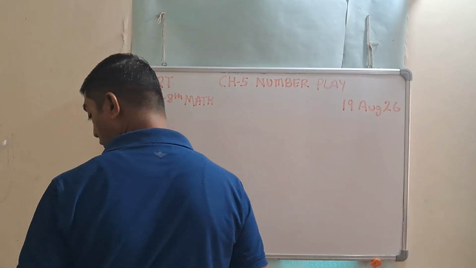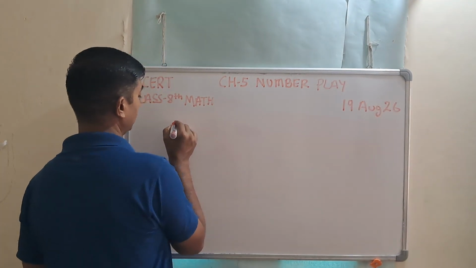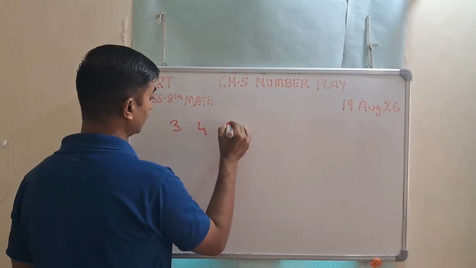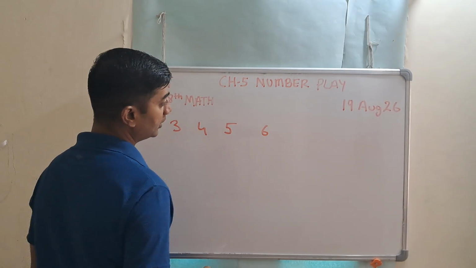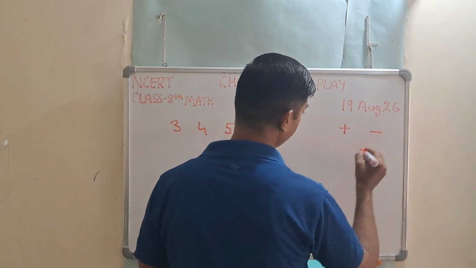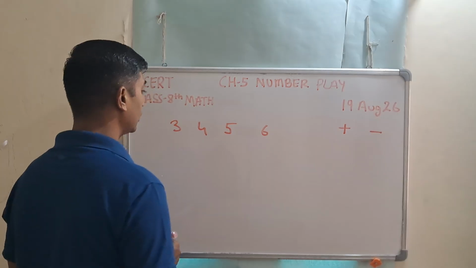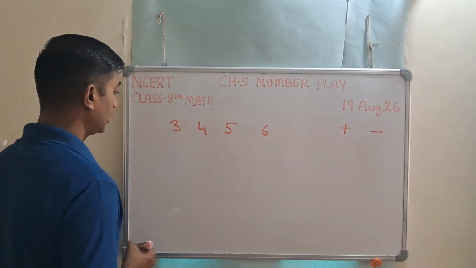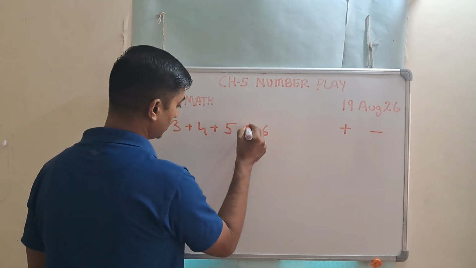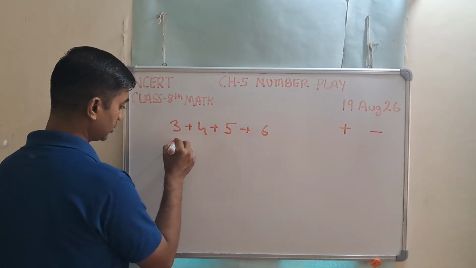They have given us 4 numbers, 3, 4, 5 and 6, and we have to apply the mathematical operations addition and subtraction between them to get the result. In the first way they have applied addition.